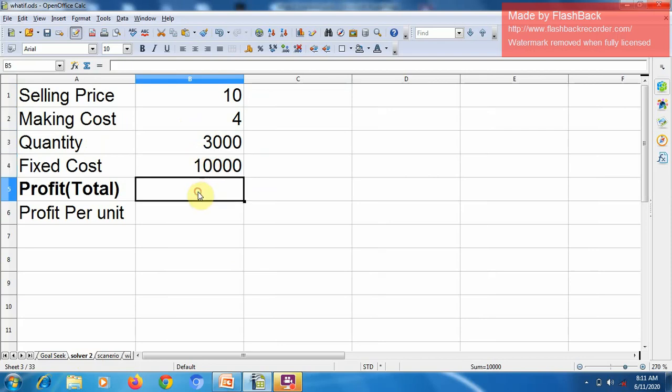We can calculate profit by applying the formula: selling price minus cost price, multiply quantity, minus fixed cost. Is it? And we can calculate profit per unit by the formula total profit divided by quantity.